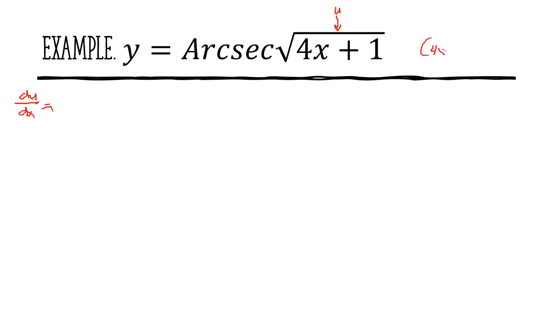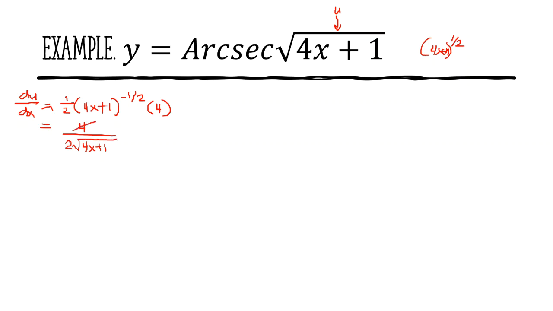So this is understood to be 4x plus 1 raised to 1/2. And the derivative of this is 1/2 times 4x plus 1 raised to negative 1/2 times the derivative of the inside, which is 4. So, simplifying, we have 4 over 2 square root of 4x plus 1.